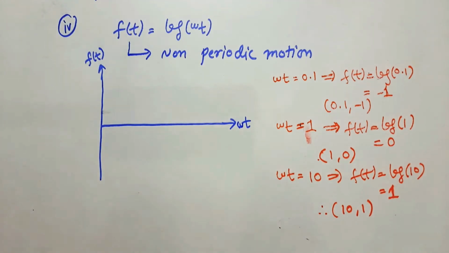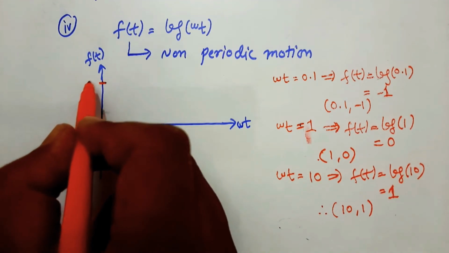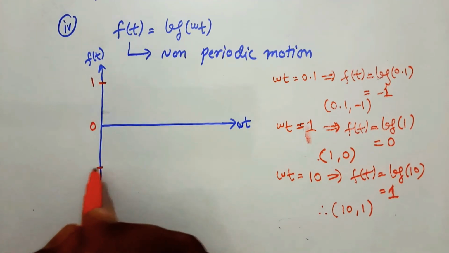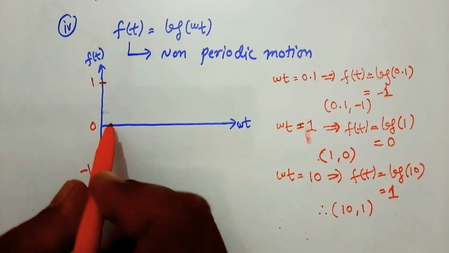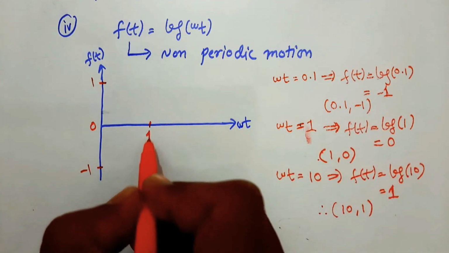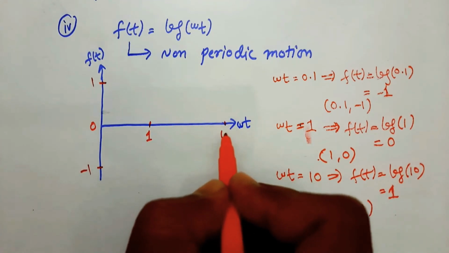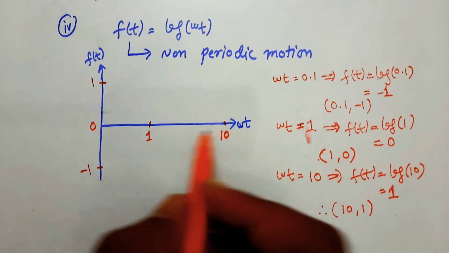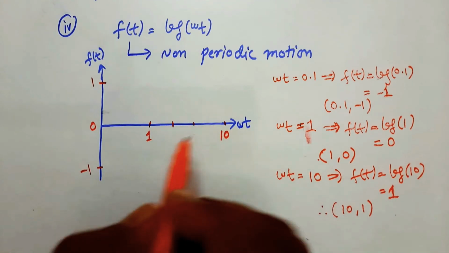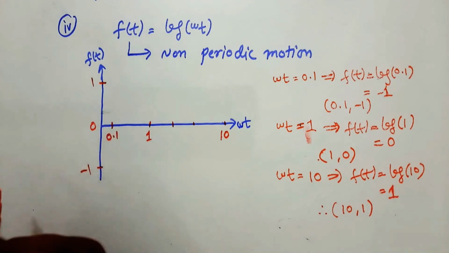So let us draw a curve. Here it is 0, plus 1, and here it is minus 1. Take the x values as 1 and 10, and here it is 0.1.